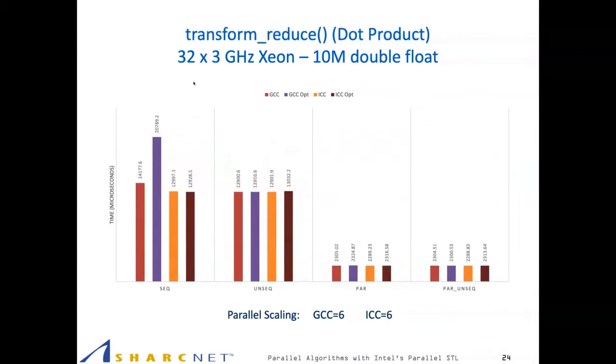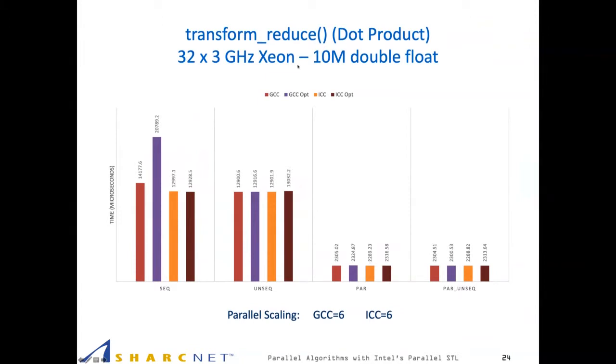For transform reduce, this one is kind of strange, because for GCC, switching to the SEC version, which is supposed to use SIMD, but not the optimized one, actually increased the time.